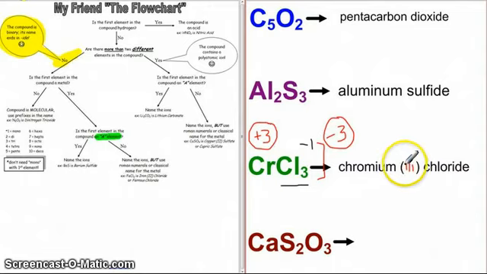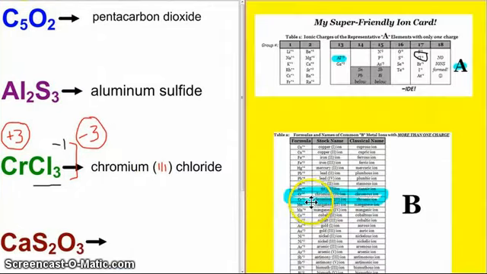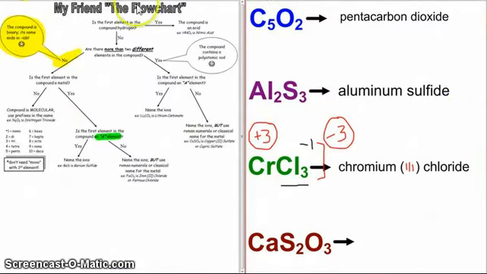Sorry, my ones aren't that great. But so we know that we're using the chromium 3 ion, so this is chromium 3 chloride. Again, you say, okay, I see the 3 there, and that works a lot of the time, but not all the time. So checking the negative charge of the compound will guarantee to know what the positive side is.